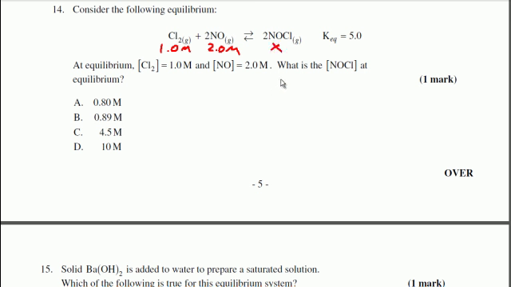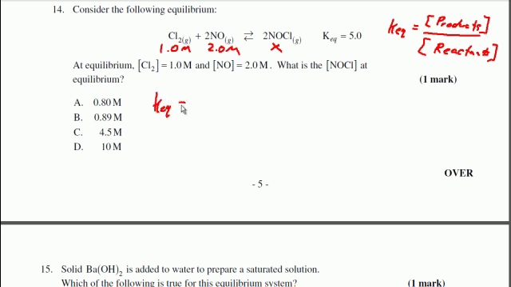We don't know. We know that KEQ equals the concentration of products over the concentration of reactants. So let's write that up. KEQ equals NOCl, and that's squared because there's the 2 right there.